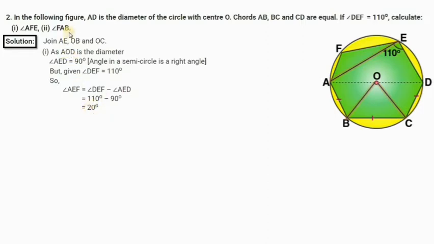Now the second part says calculate FAB. So let us see where is FAB. So FAB means we have to calculate this whole angle. So how to calculate? Let us see. Now we know that these three chords are given to be equal, and we know that equal chords subtend equal angles with the center. So that means these two are equal. So angle subtended by chord AB is AOB.